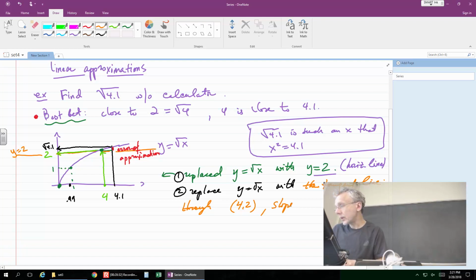What's the slope of the tangent line? How do we find the slope of the tangent line?